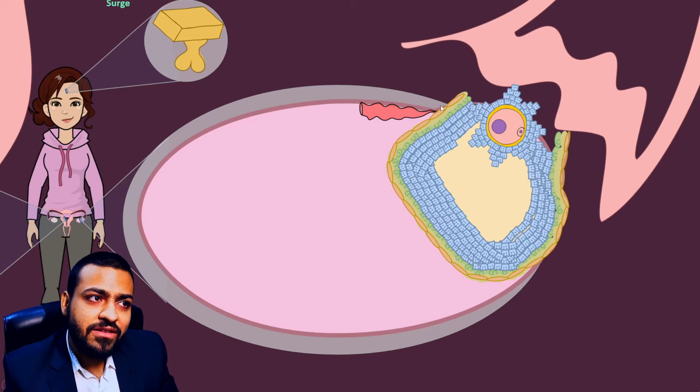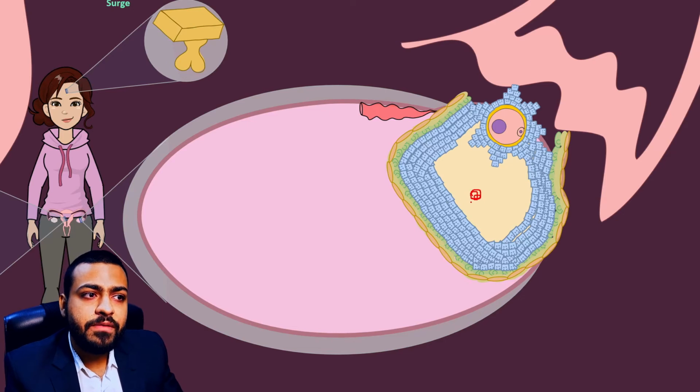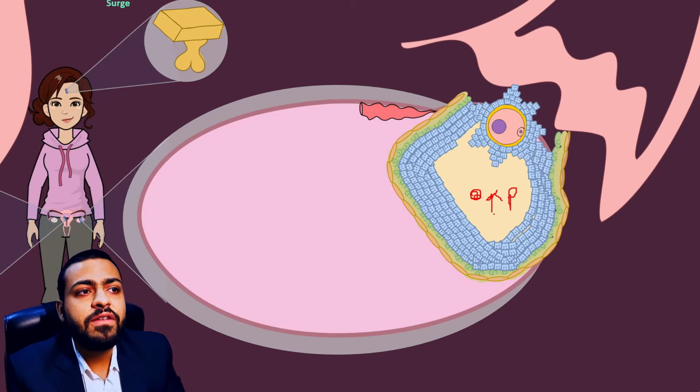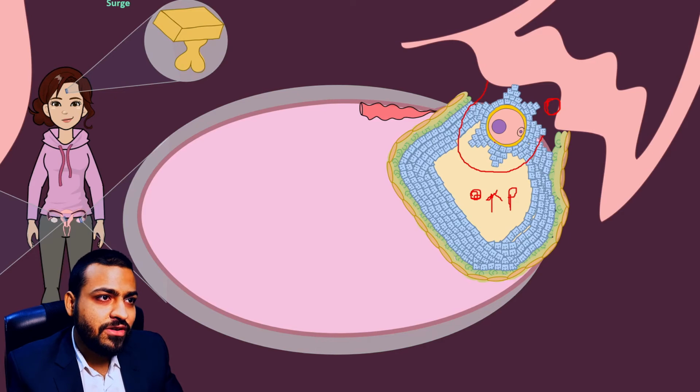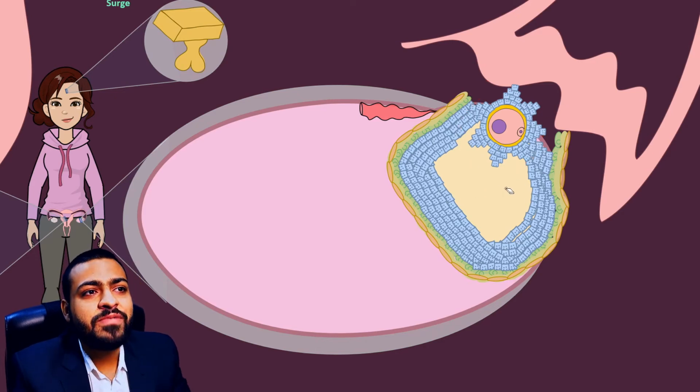As they contract, they will increase the intrafollicular pressure here. When there is an increase in pressure inside the follicle, it will push this secondary oocyte that is still stuck here into this peritoneal cavity. Clear? It will be pushed into the peritoneal cavity, but fortunately it cannot fall into the peritoneal cavity.